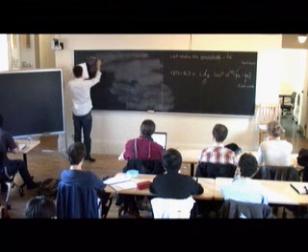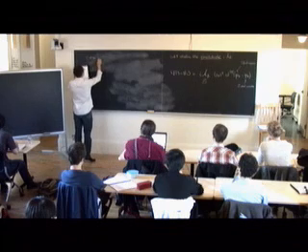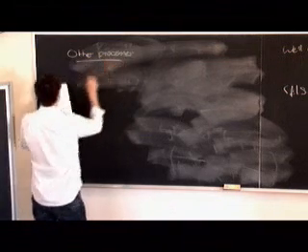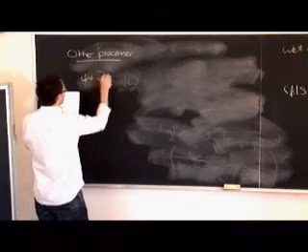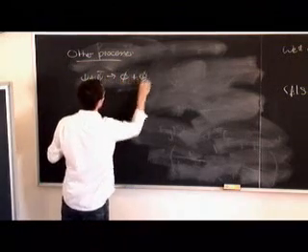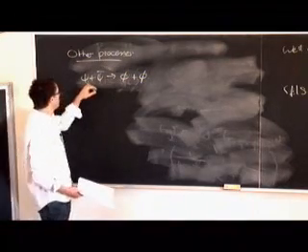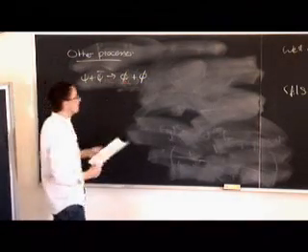So we could consider nucleon, anti-nucleon scattering going to two mesons.